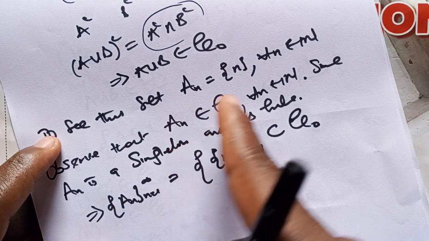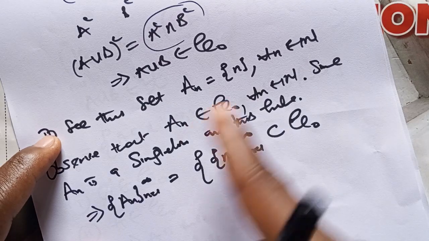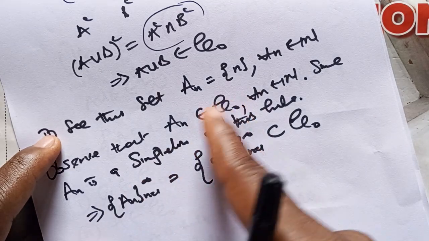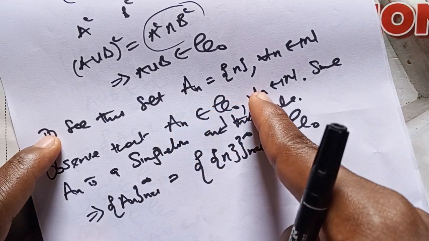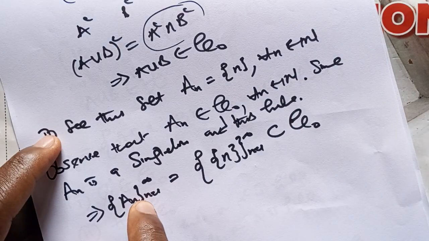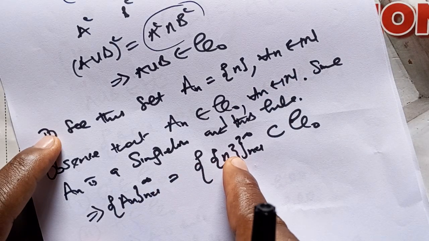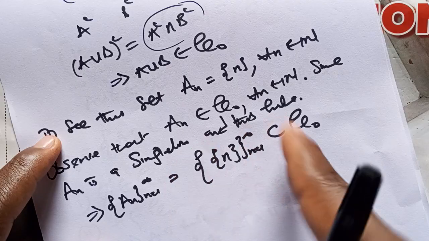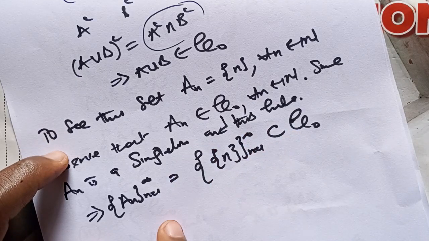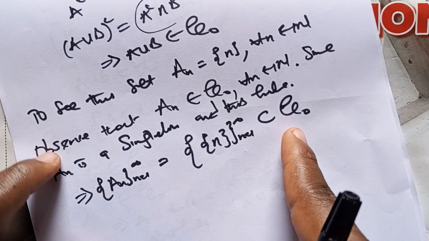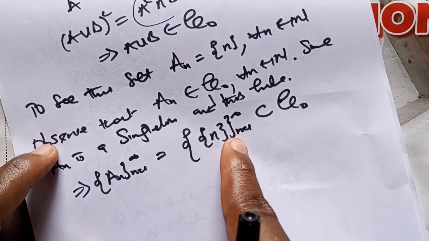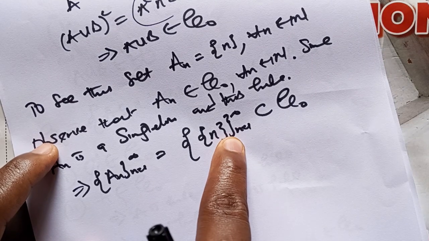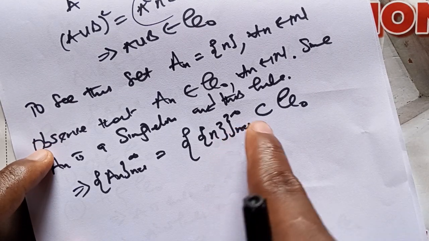So if A_n is an element of this for every n you pick, then this sequence is a subset of A naught. Now if this is a subset of A naught, it means we have created a countable sequence that is a subset of what?